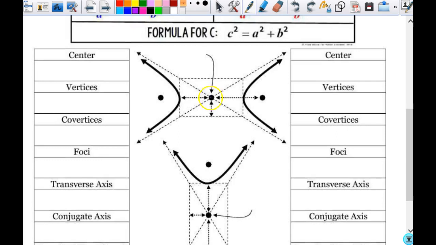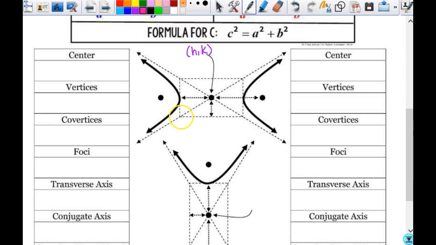We have this point right here. It's still the center, but notice the center is kind of what you might think of as on the outside of the graph. But we're going to label that as (h, k) and not with a C right now because I don't want the C part to confuse you. All right. Okay, so then you have these two axes here.